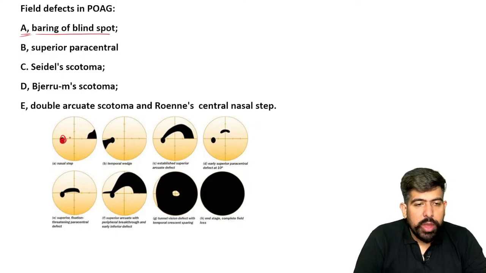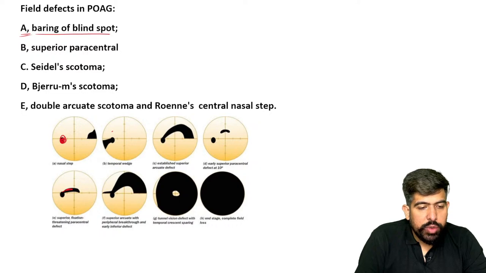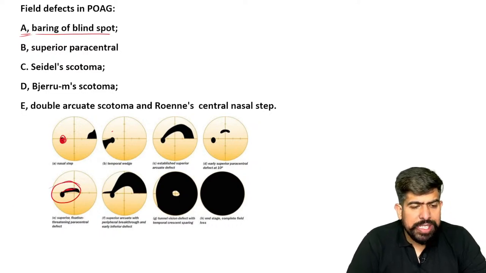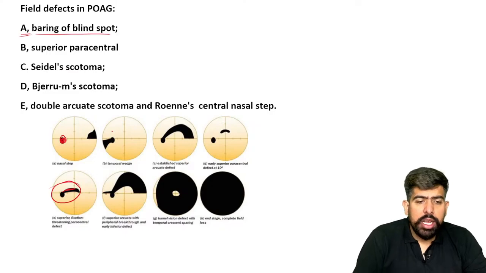Secondly, what will be seen? The superior paracentral blind spots, or paracentral scotomas, will be seen. They can start superiorly and increase like this. This is the superior paracentral scotoma.